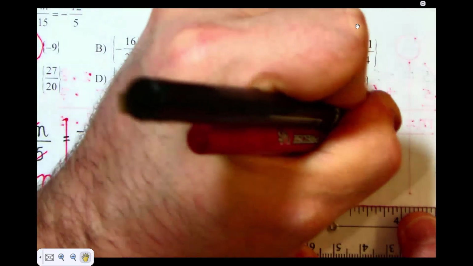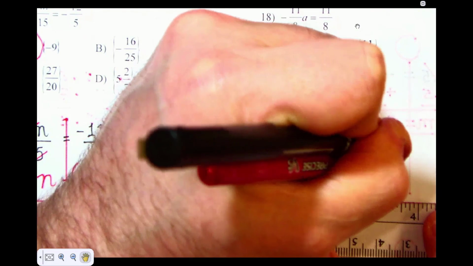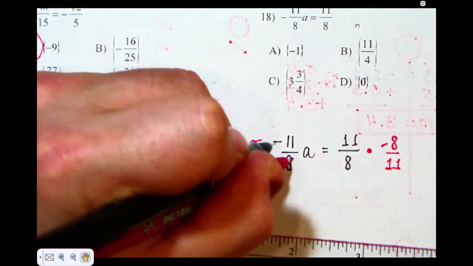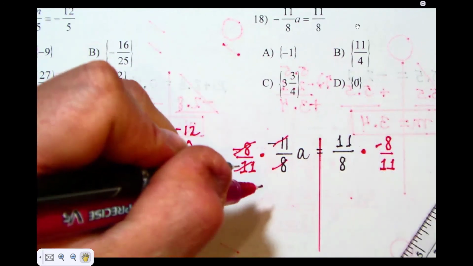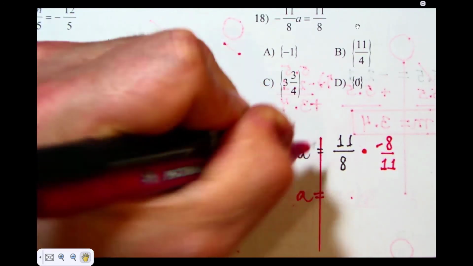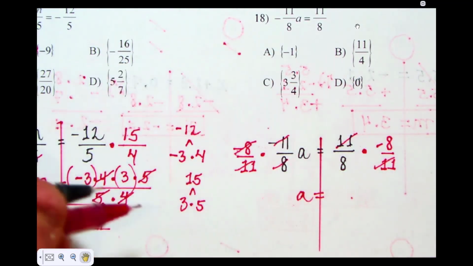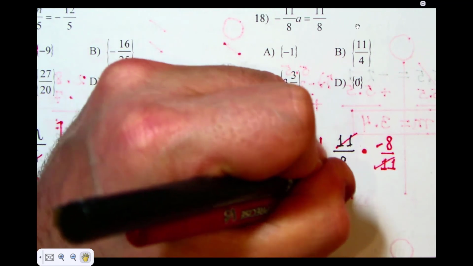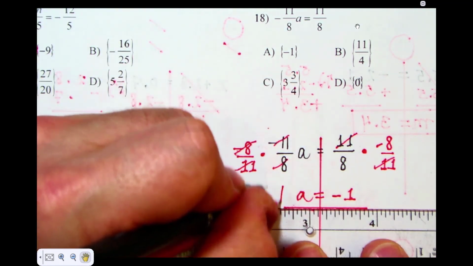Multiply both sides by negative 8 over 11. The 8s and the 11s cancel over here, leaving me with A equals. Well, now check this out. The 11s cancel, and so I have negative 8 over 8, which is just negative 1. A is negative 1 on number 18.